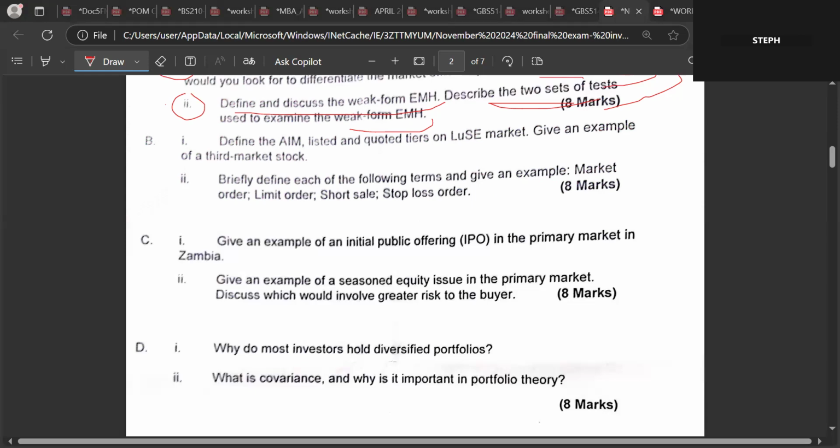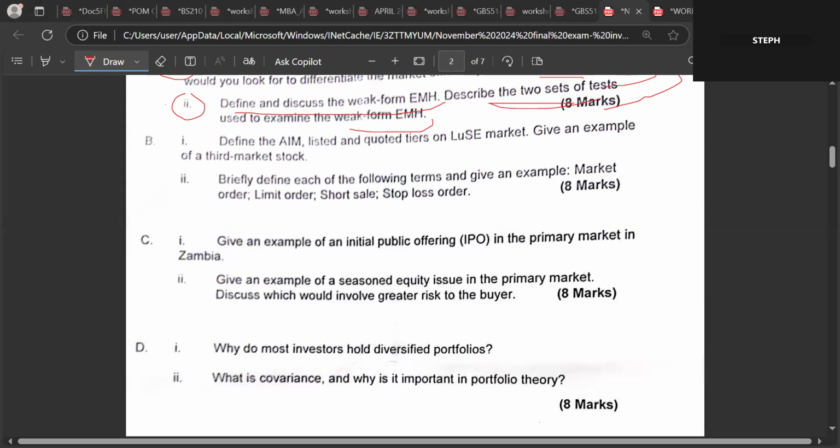Now, let's look at the listed tier. The listed tier on the LuSE comprises companies that meet the full listing requirements, including the minimum capital thresholds, as well as the corporate governance standards, the disclosure obligations, and the track record of performance. So these companies are officially listed and enjoy the benefits of wider investor access and greater visibility.